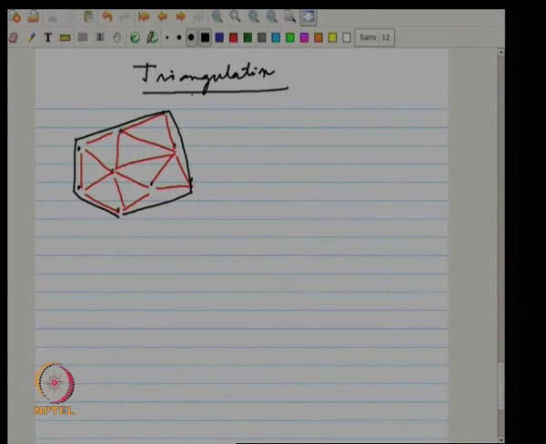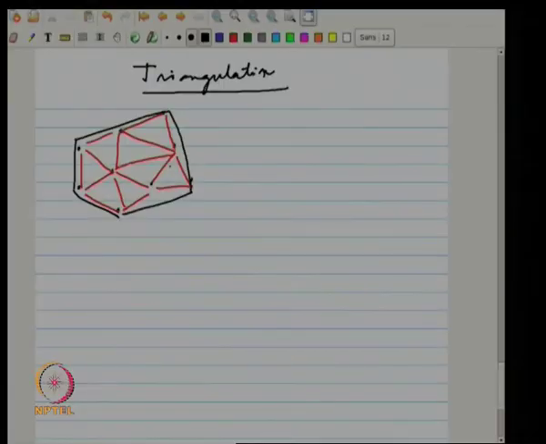I will not bother about the outer face, I can sort of ignore it at this point. So, let us say that we are only interested in triangulating all the points inside the convex hull. So, you can triangulate 3 points, for example, and if you have another point anywhere, you can always show that you can have.